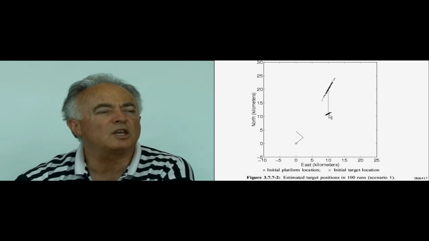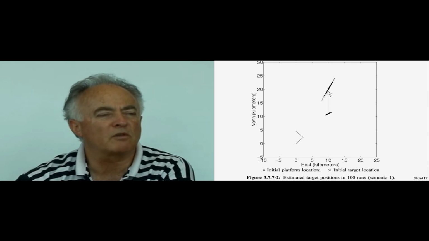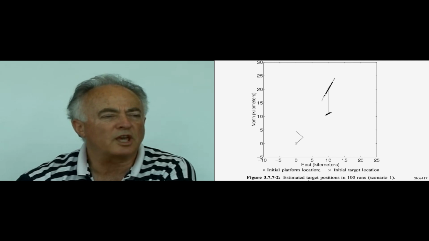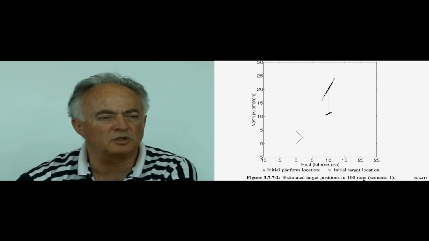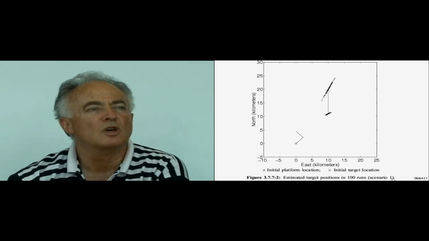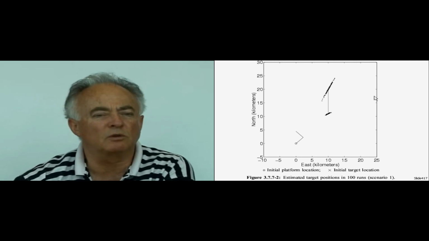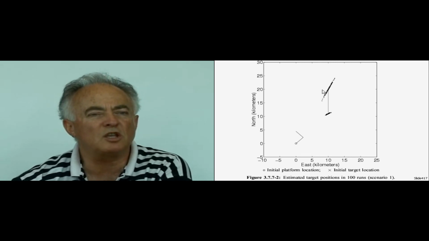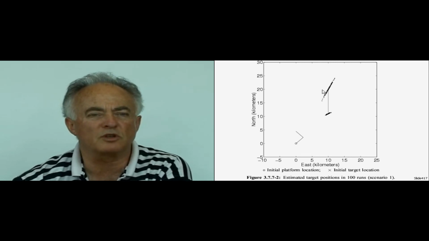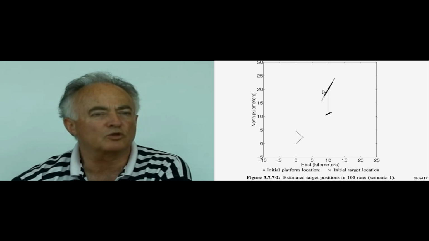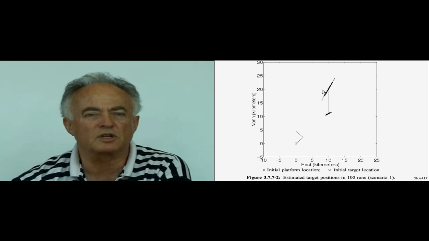And in each ellipse, what we have is plotted estimated target position in 100 runs for this first scenario, which means 100 Monte Carlo runs were carried out. In each, independent noises were generated from run to run, and also independent across time because the noises are white.